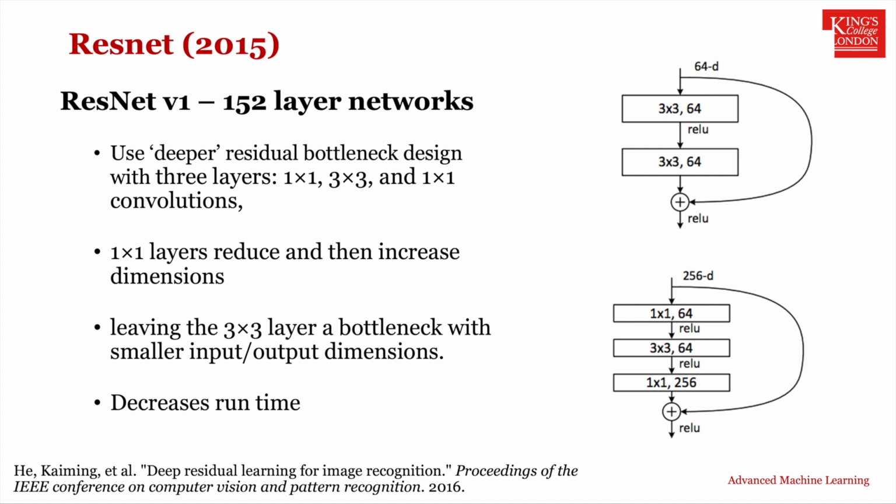The same paper proposed a 152-layer version, where it made use of these bottleneck layers, so layers with one-by-one convolutions going in and coming out, so as to first reduce the channel dimension for the more parameter-heavy 3x3 kernel operation, and then upsample the channels again in order to decrease runtime and the total number of parameters which need to be learned.